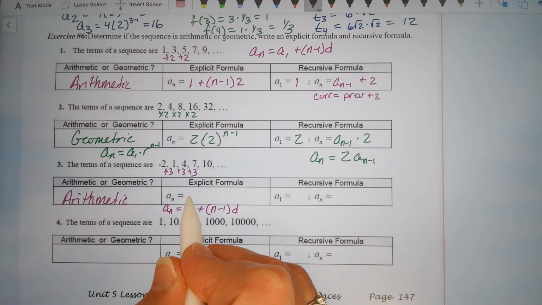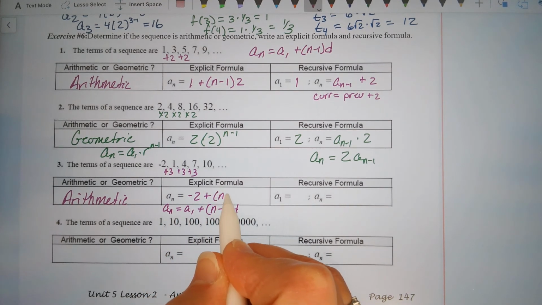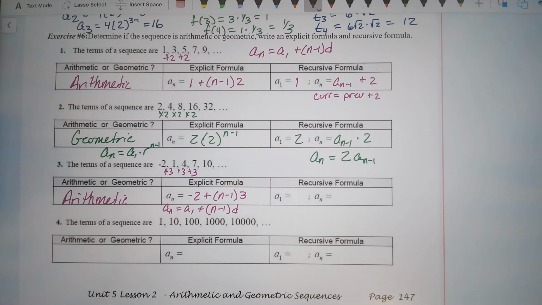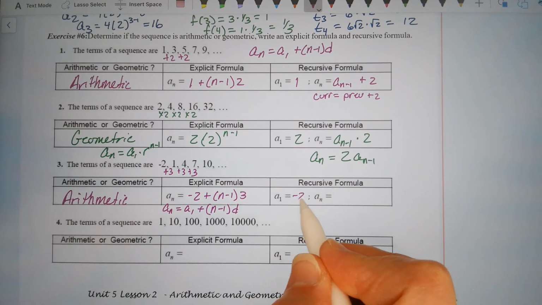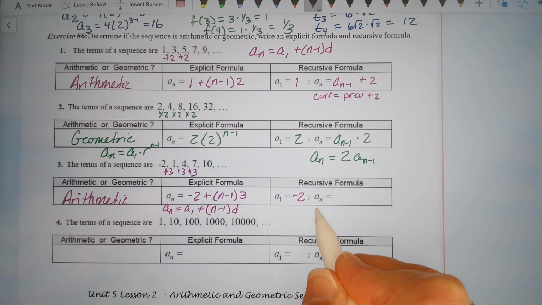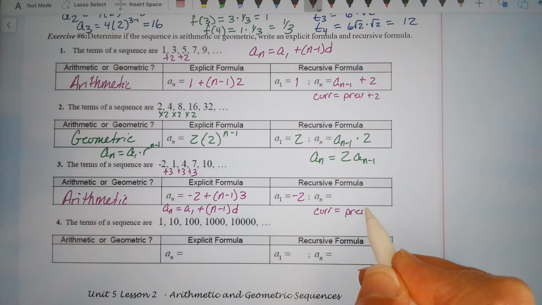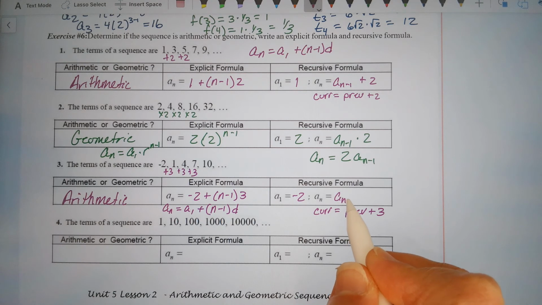So a sub 1 is negative 2 plus n minus 1 times 3. Recursive, first term is negative 2. The current term equals the previous plus 3. If a sub n represents the current, then the previous is a sub n minus 1.